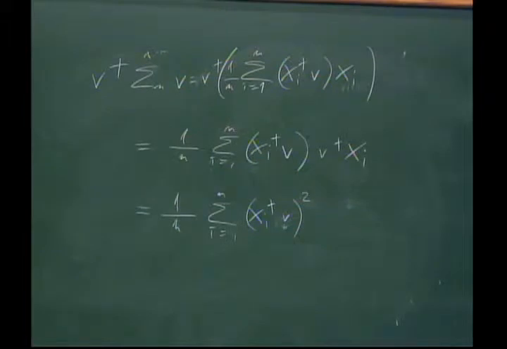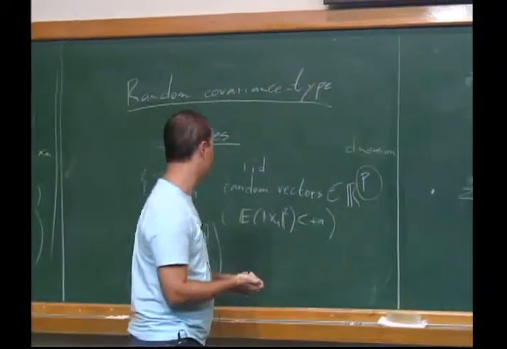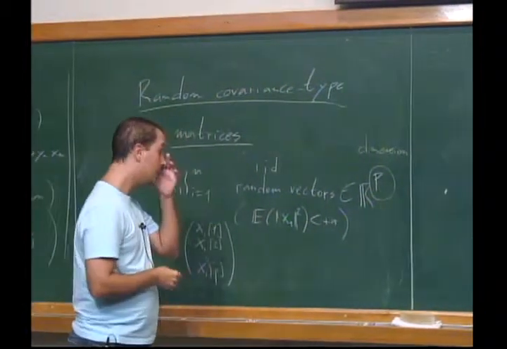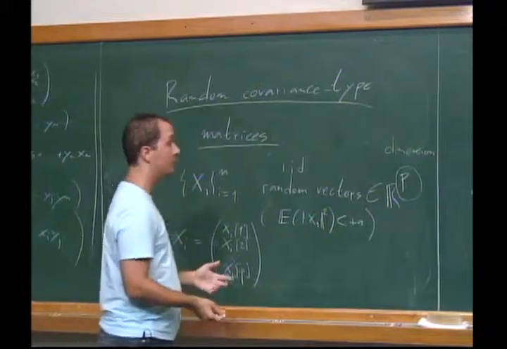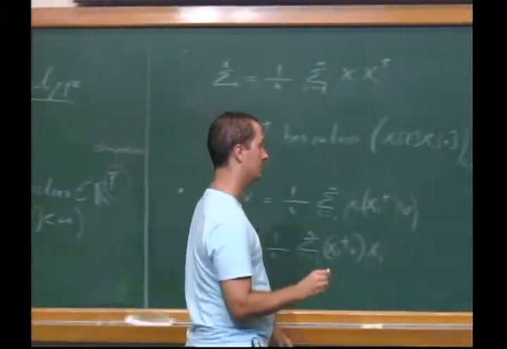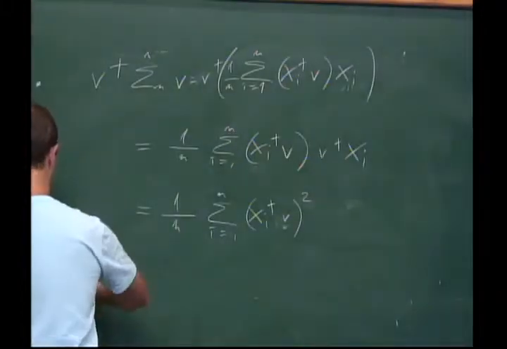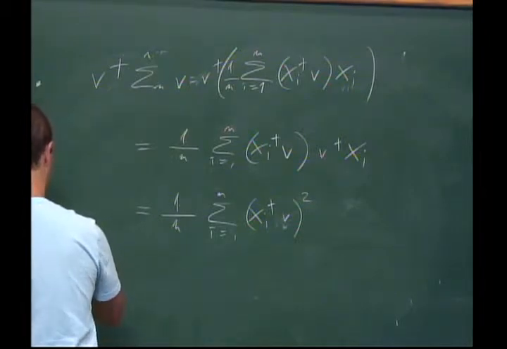So why do we care about these matrices? Well, I haven't said much about it yet. But let me just point out firstly that we have something which we call the covariance matrix of a random vector.